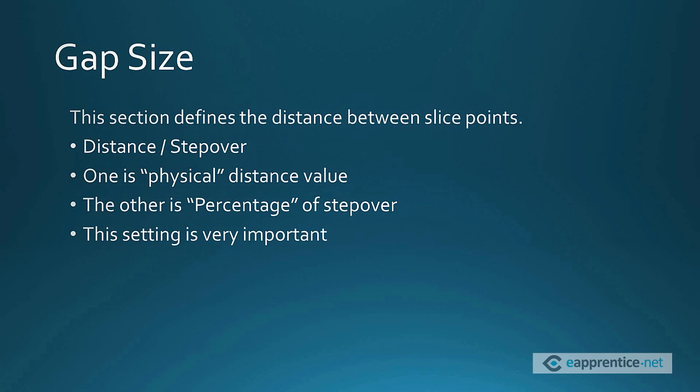The other is a percentage of your step over value. This is the main setting that controls your gap motion. You must set your gap size, or when you notice that your tool is retracting where you don't want it to, you must go in and at least change the gap settings to get the type of motion you want along those surfaces.